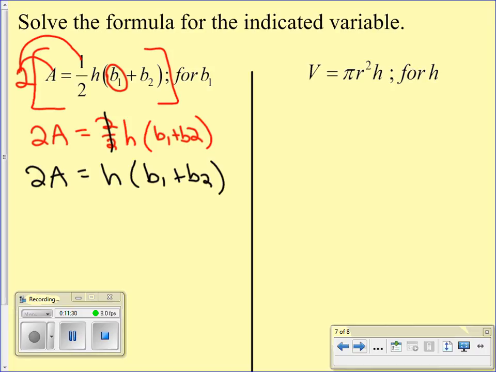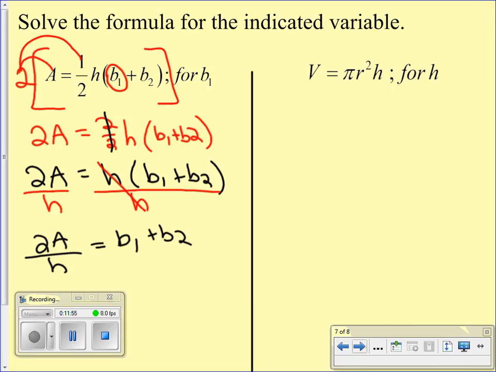So instead of distributing, which is multiplication, I'm going to do the inverse operation of that and divide by H on both sides. So the opposite of multiplication is division. So I divide by H on both sides to cancel it out there. 2A over H equals B1 plus B2. Remembering that I'm going to get a new equation, not a number answer.